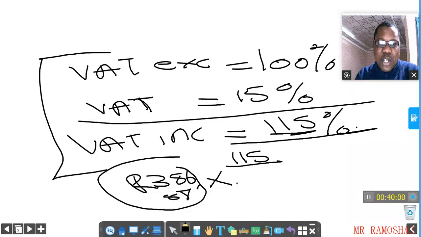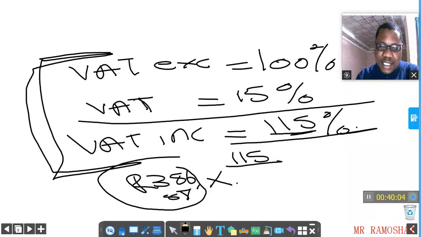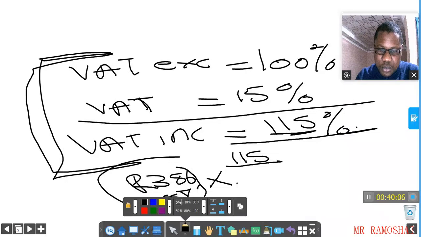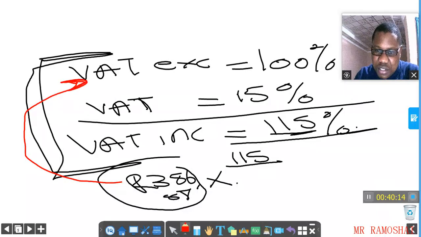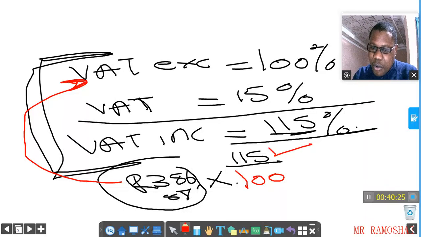What is this amount? In this concept, which one does it represent? This amount represents the VAT exclusive. Are we clear? So when we divide here, we must divide by 100. We are looking for the VAT inclusive from the VAT exclusive.